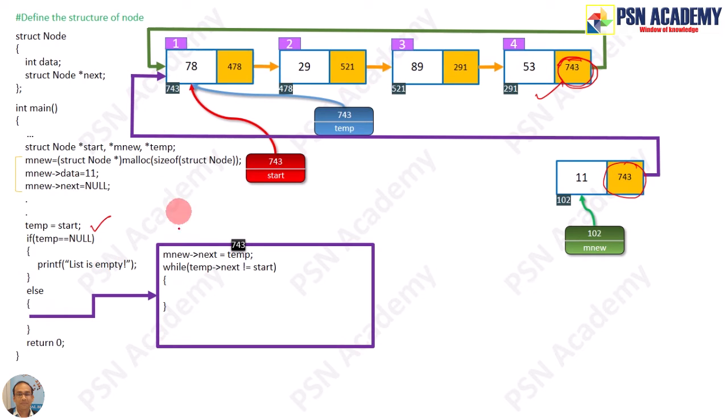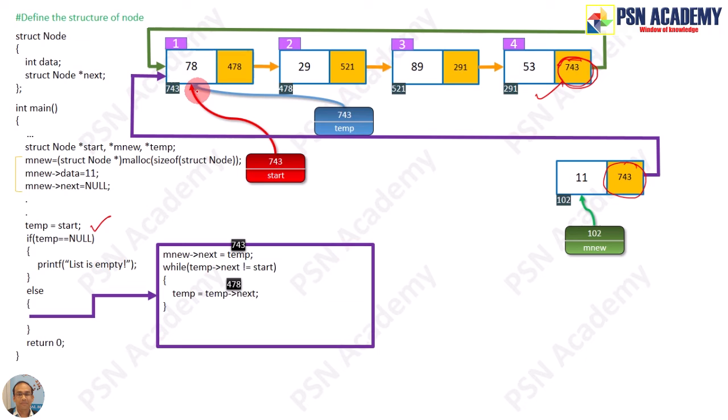Right? So, let us find out. While temp next not equal to start, until and unless you find temp next equal to start, you run this while loop. Why? Because the last node is the only node which is pointing to start. So, use this condition and insert this line of code: temp equal to temp next.